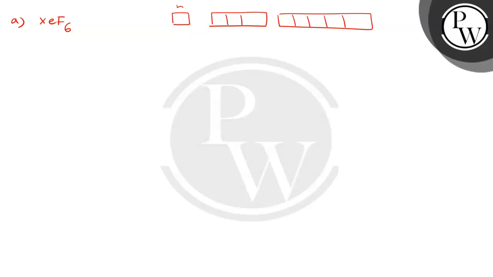This is xenon 5s, 5p and 5d. This xenon is a noble gas, so ns2 np6 configuration, outermost electronic configuration I wrote. This is ground state. Okay, to form 6 bonds, it requires 6 unpaired electrons.